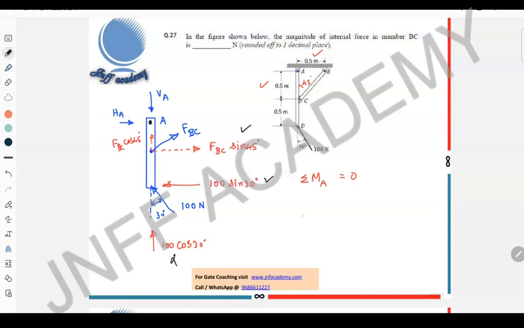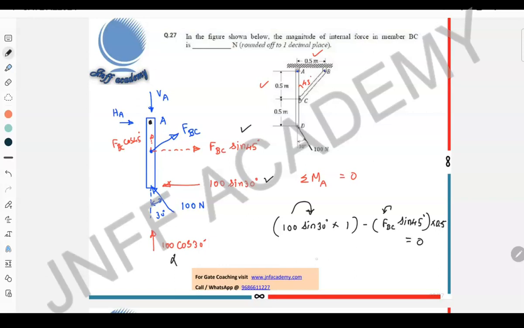Force into perpendicular distance, 1 meter. The force which is acting over here is 100 sin 30 into perpendicular distance of 1 meter. This will give clockwise rotation. Then FBC sin 45 into 0.5 is negative because it is anticlockwise. The perpendicular distance is 0.5. So the sum is 0.